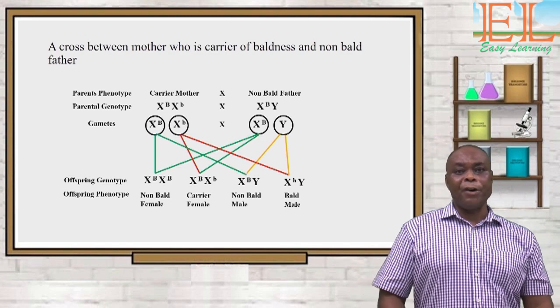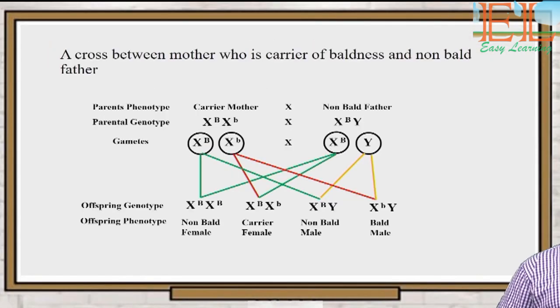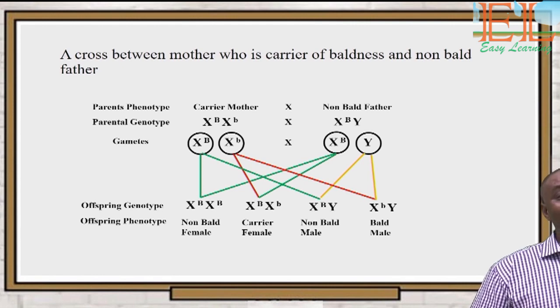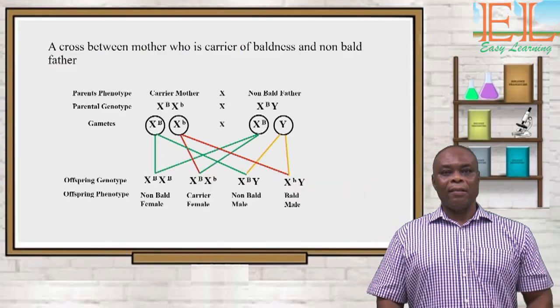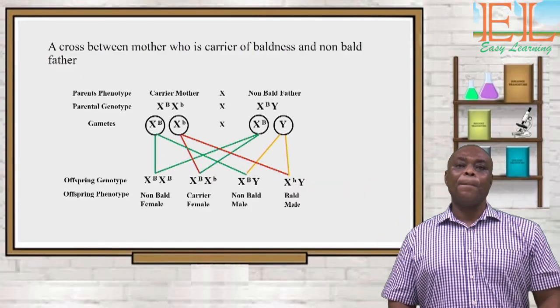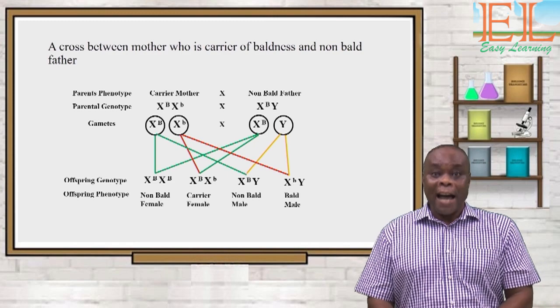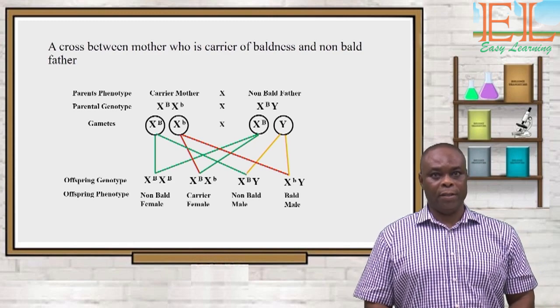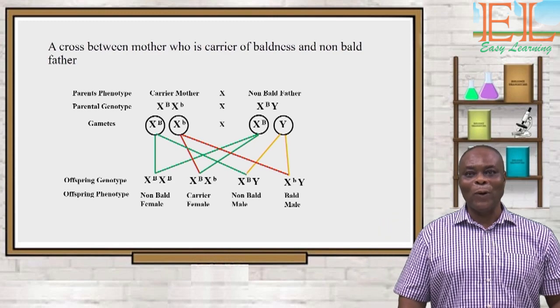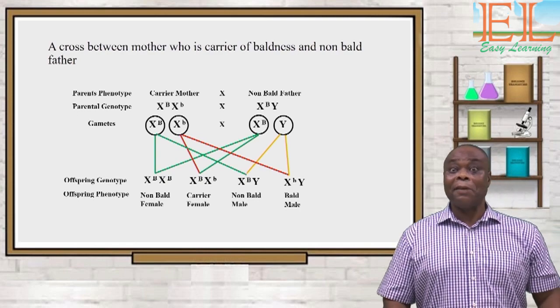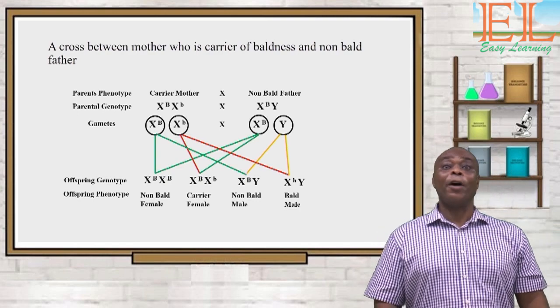Looking at the scenario, we see that the boys inherit X from their mothers and not from fathers. And hence, sex-linked characters are obtained from mothers, but not fathers, by the boys. So if a boy is bald, it doesn't mean the father is bald.